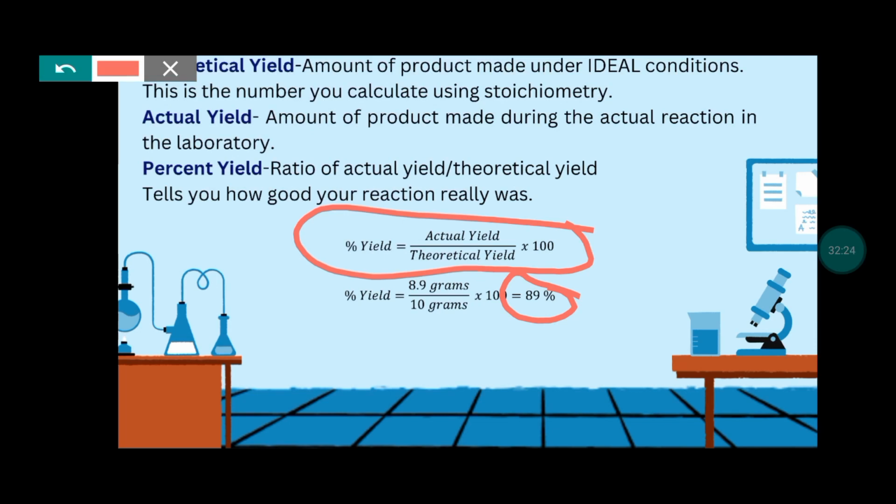So, ayan, ang pagkakaiba ng theoretical yield, actual yield, and percent yield. Ulitin ko, theoretical yield, this is the calculated amount using the stoichiometric calculation. Actual yield, this is the actual product na may yield natin during laboratory experimentation. And percent yield is the ratio of the actual yield to theoretical yield.